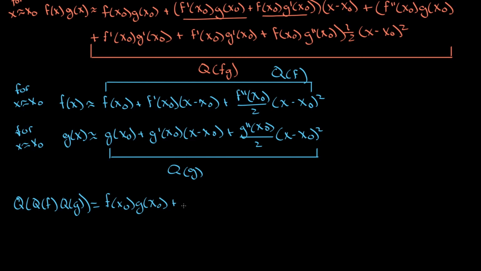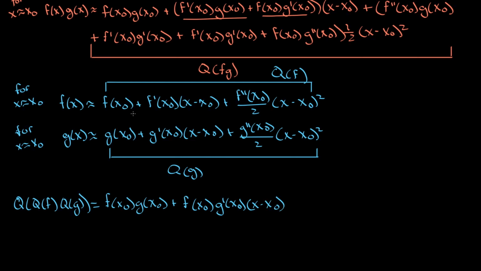Now we're going to go right here. So we have f of x naught times g prime of x naught times, actually, we're going to factor out an x minus x naught. We have these linear terms here. Actually, we'll save that for a step. We'll just write these all out. So we have x minus x naught.